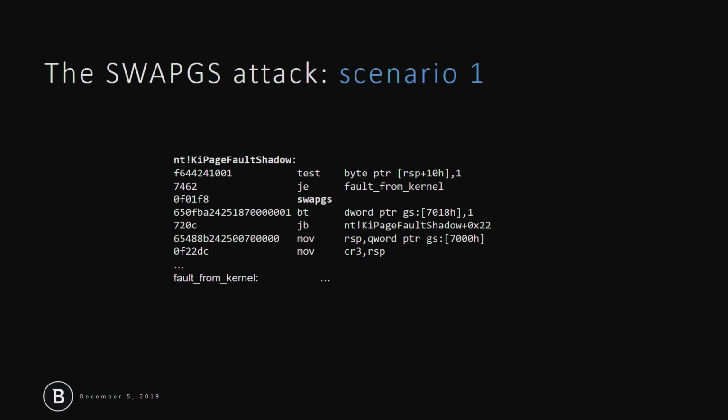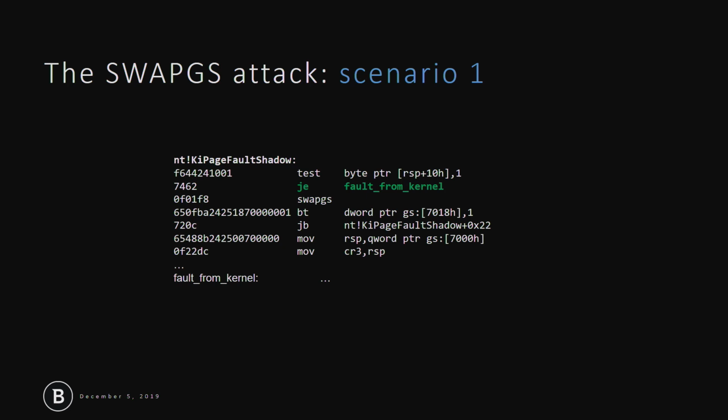Whenever a page fault is triggered, either in user space or kernel space, these are the first instructions that get to be executed. The first instruction is a test instruction followed by a conditional branch, which, if the test is true, would be taken and the instructions at the following label would be executed.